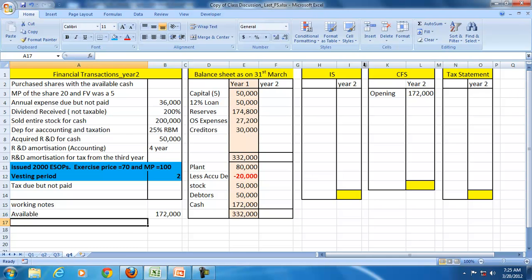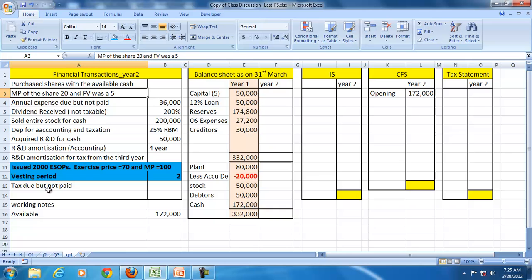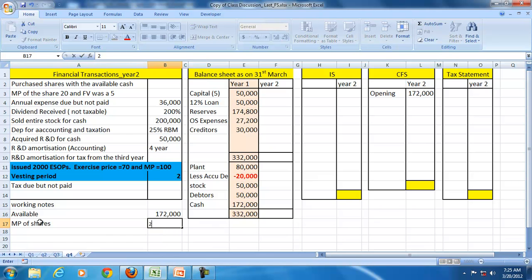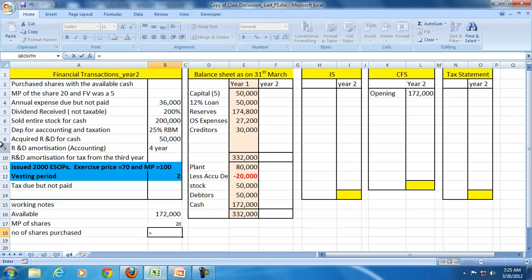They're purchasing the shares at the price of 20. So the market price of shares is 20. So the number of shares purchased is equal to 172 by 20. So 8,600 shares are purchased.